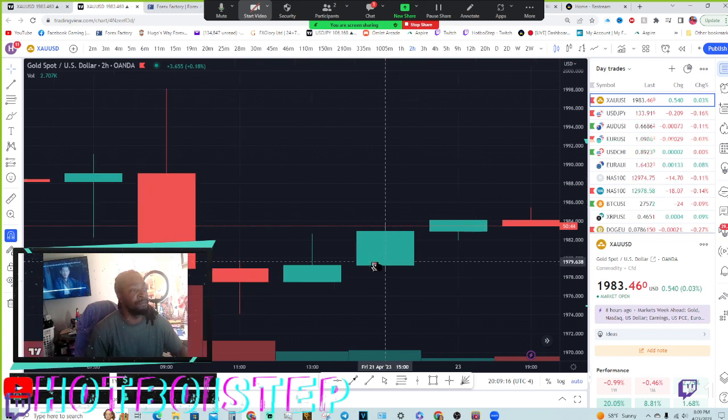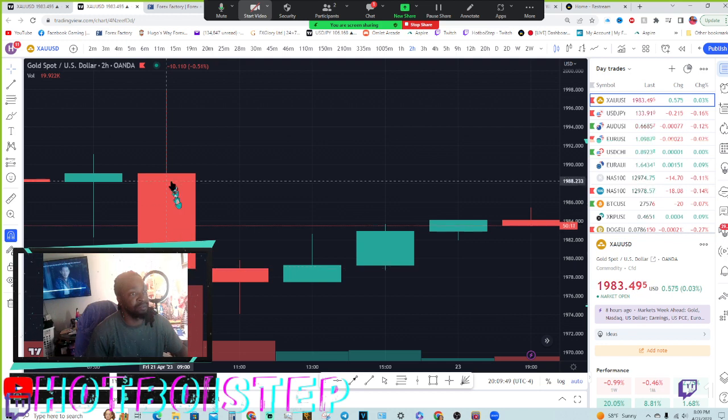So for green candles, it starts off at the bottom and it ends at the top. For this 2-hour time frame, it started on Friday at 3 o'clock. It started off at 1979, and it ended at 1982 for this time frame right here. And for this red candle right here, it started off at 1989 and ended at 1979.